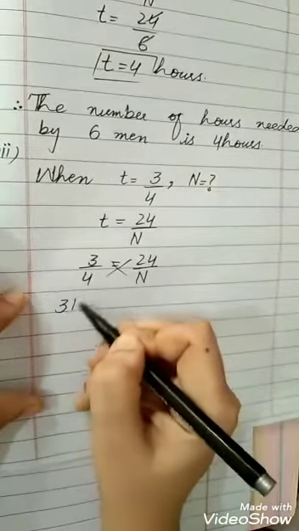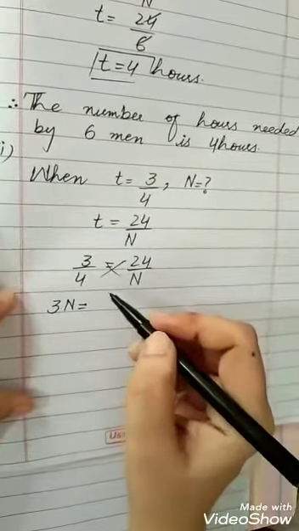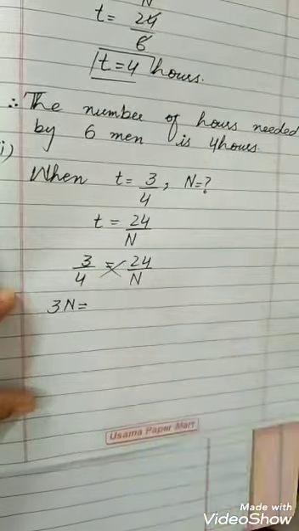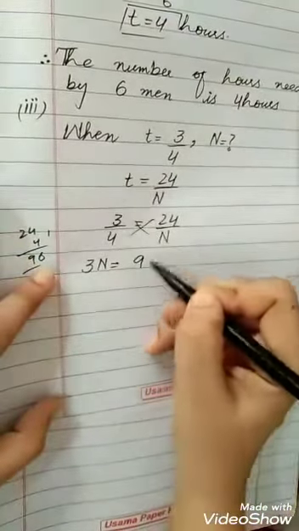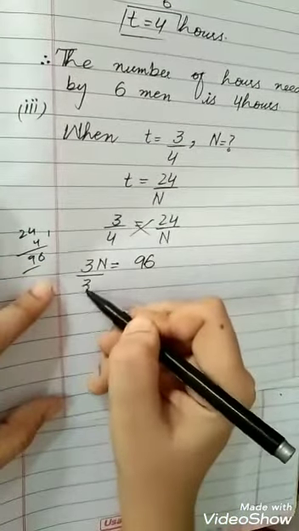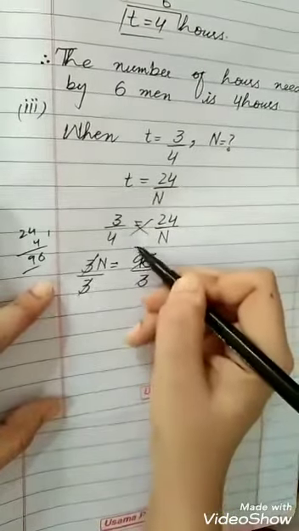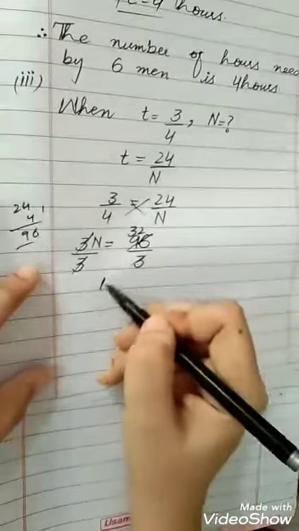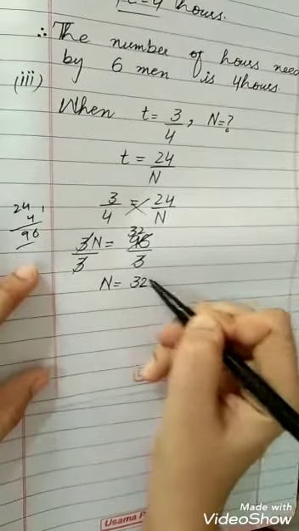That is 3n is equal to 24 multiplied by 4, which is 96. We will divide by 3 on both sides. 3 times 32 is 96. It means n, the number of men, is equal to 32.